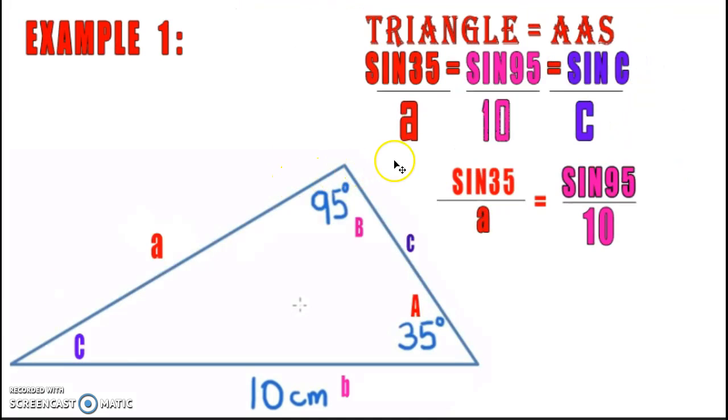This is the first example I'm going to be showing you, which is a triangle that follows the condition AAS. The reason why it's AAS is because it has two angles right beside each other with a side right on the bottom. So we're going to follow the sine rule that we went with, which is this one. So what we do is sine 35, which is angle A, over small a. Small a is the one that we're looking for. And then sine 95, B, over 10, which is right here, small b.